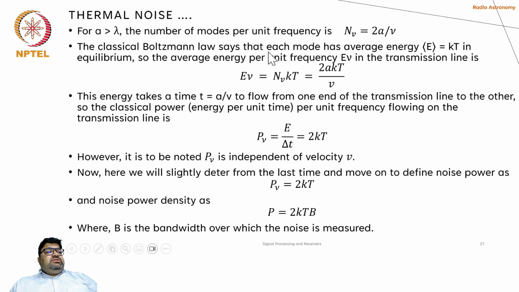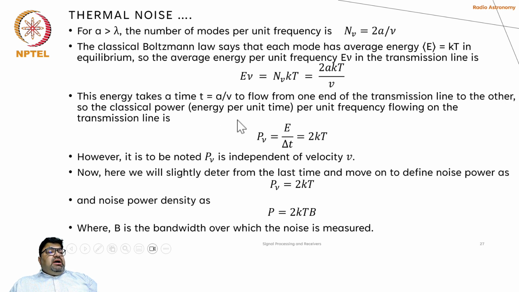The classical Boltzmann law says that each mode has an average energy of kT in equilibrium. So the average energy per unit frequency E nu in the transmission line is given by E nu equals n nu times kT, which gives you 2aKT over the velocity. This energy takes a time t, which is a over the velocity, to flow from one end of the transmission line to the other.